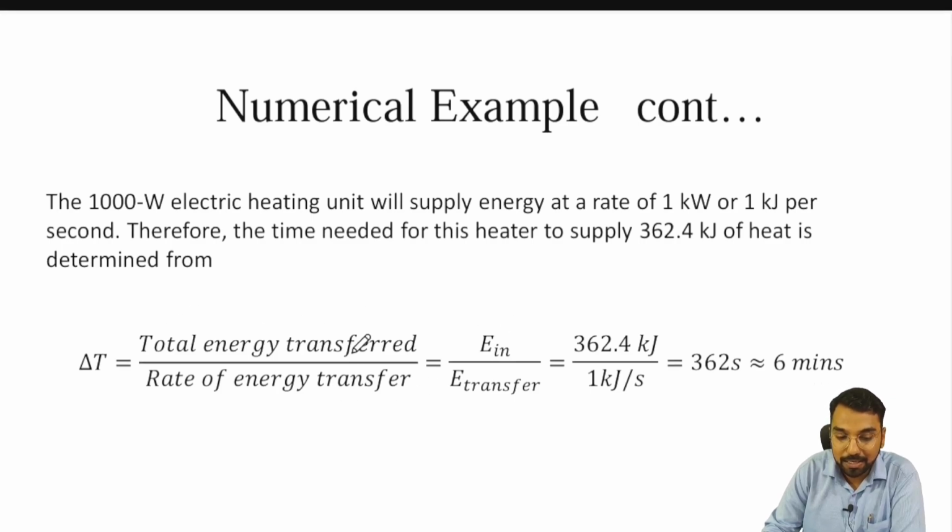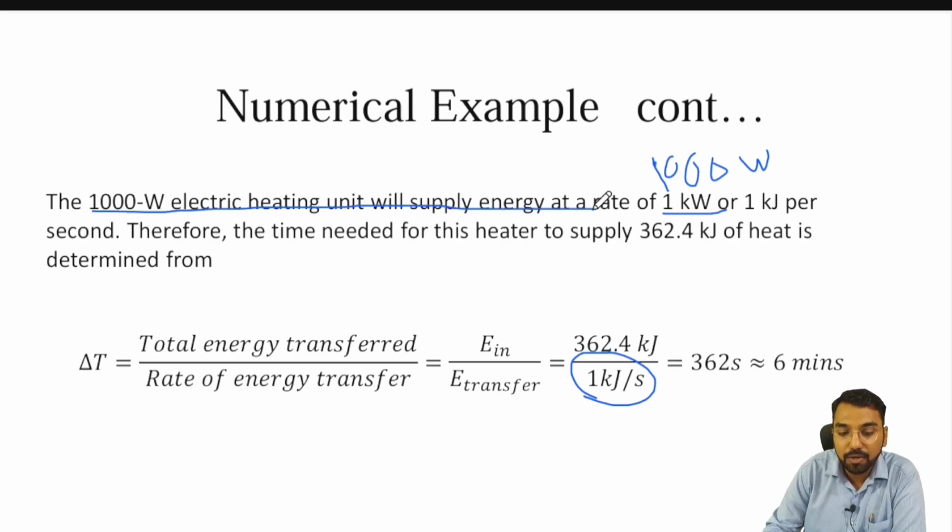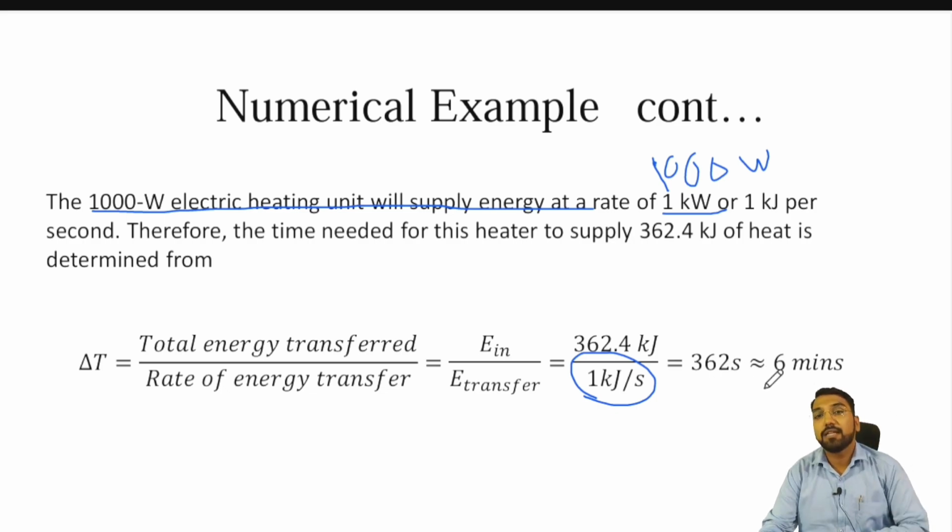The total energy we just calculated is 362.4 kilojoule, and 1000 watt or 1 kilowatt is nothing but 1 kilojoule per second. Dividing this, we get approximately 362 seconds, which is about 6 minutes.